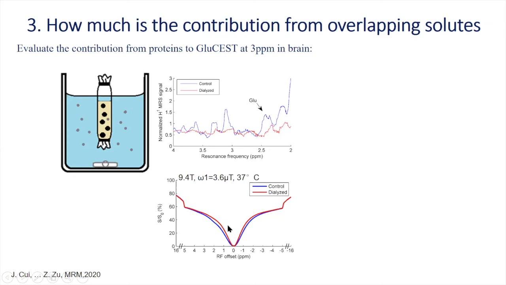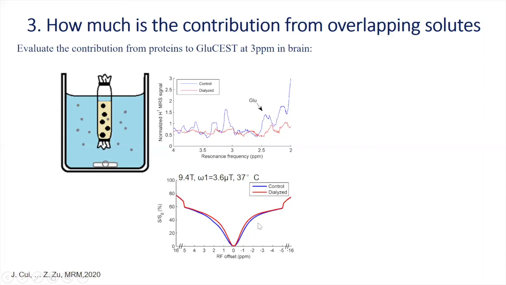We found that the dialysed tissue homogenate decreased greatly on both sides of the water peak. Why does it disappear on both sides of the water? This is because at higher power, the CEST effect is mainly contributed from the fast exchanging pool, and the fast exchanging pool has a broader CEST effect, so they extend to the upfield.